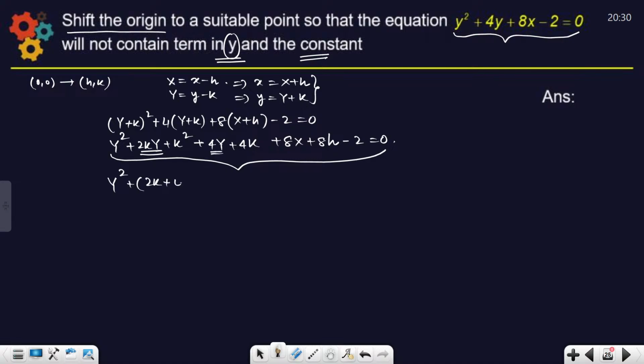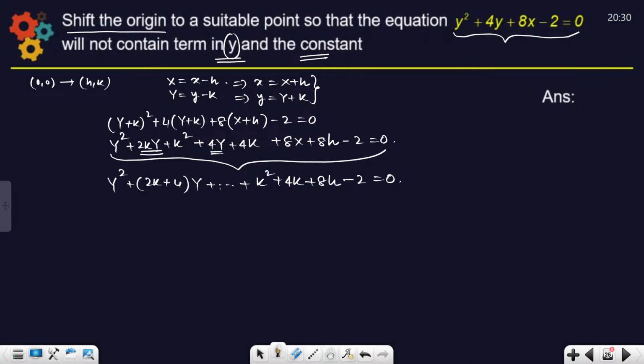So (2k plus 4) times capital Y. And what about the other terms? I'm not writing them; I'm writing the constant term because I need those two terms only. So what is the constant term? It is k square plus 4k plus 8h minus 2 equals 0. Am I correct or not?